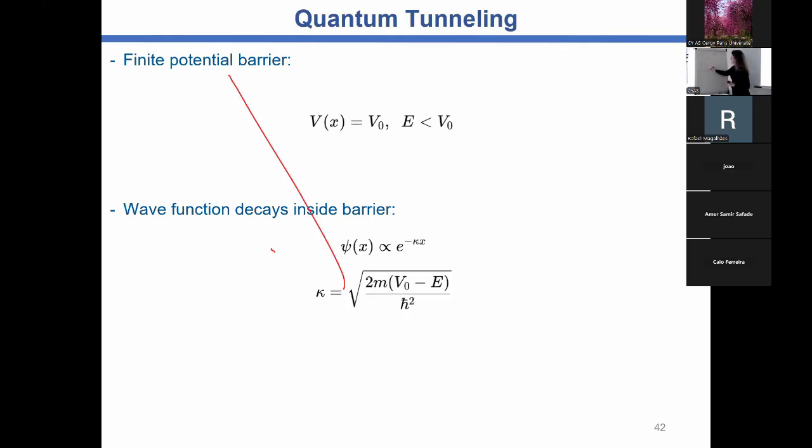So it means that the electron can go inside the barrier, and depending on the width of this barrier, we can have some expected position and energy inside the barrier.